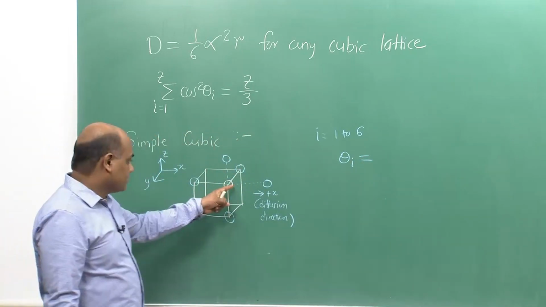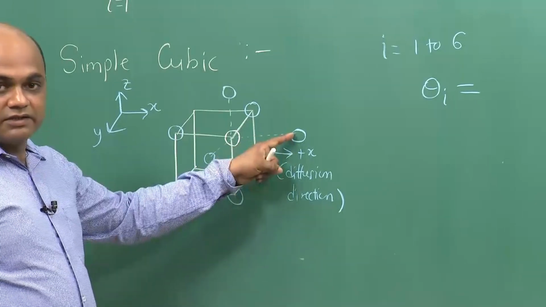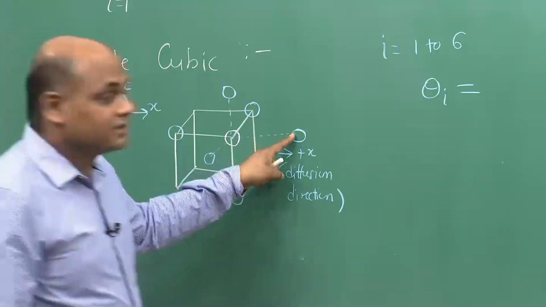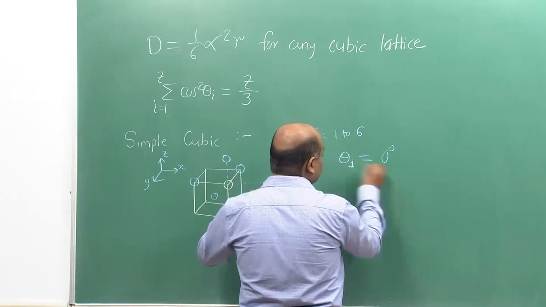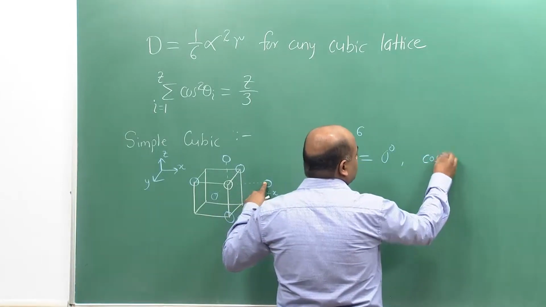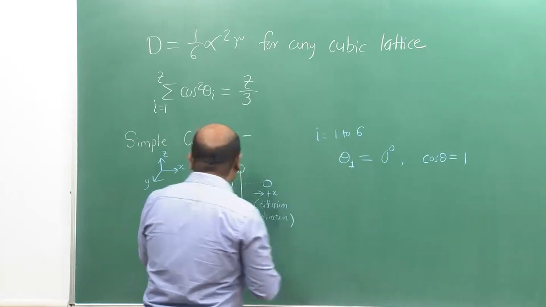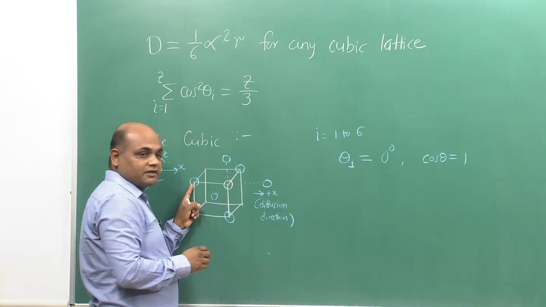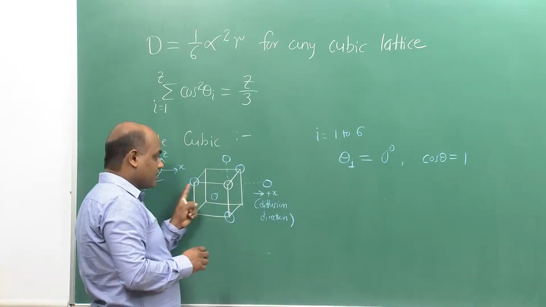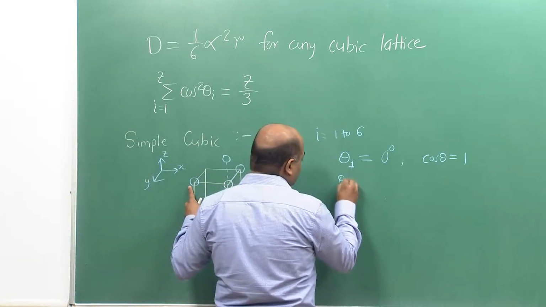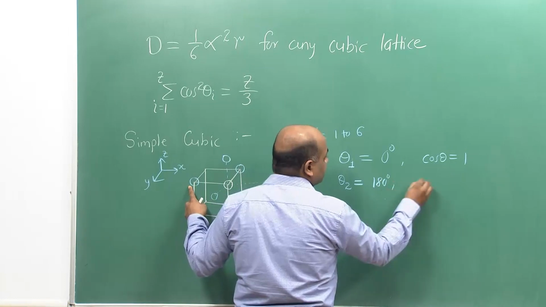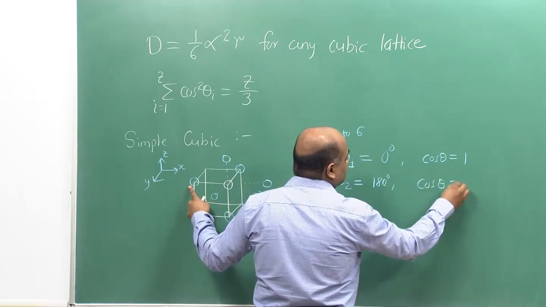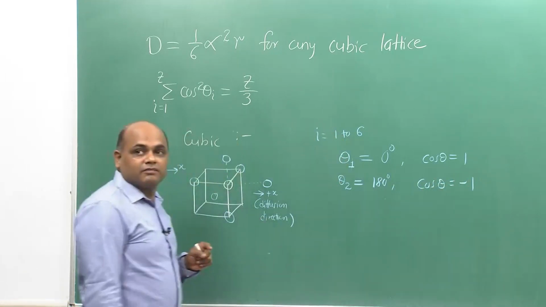This atom can jump onto this side, the theta for this, let us call it theta 1, so cos theta is 1. Or it can jump exactly in the reverse direction, that is minus x direction. So, theta 2 for this is 180 degrees, so cos theta here is minus 1.